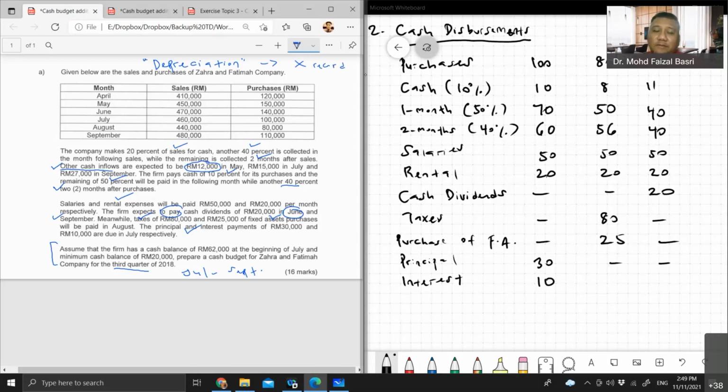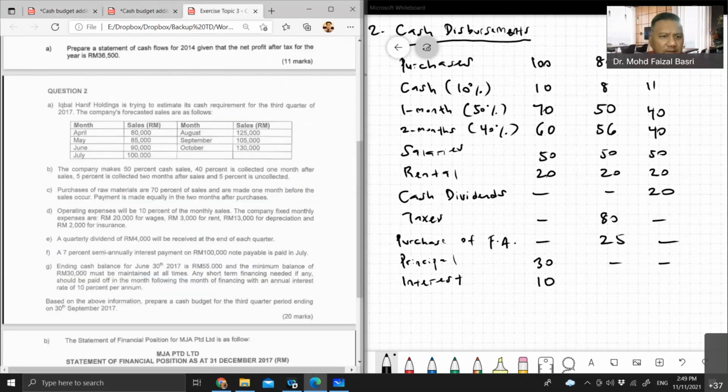Do not record. Remember, we are doing cash transactions. Depreciation, in Malay, is susut nilai, a reduction of values. So a reduction of values doesn't involve a cash transaction. It only reduces in value in the accounting statements, but we don't pay out any money. So therefore we don't record depreciation. So for this question there's no depreciation, but I can't remember whether there is one here.